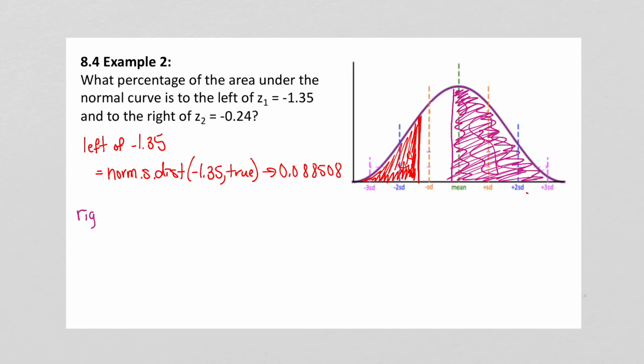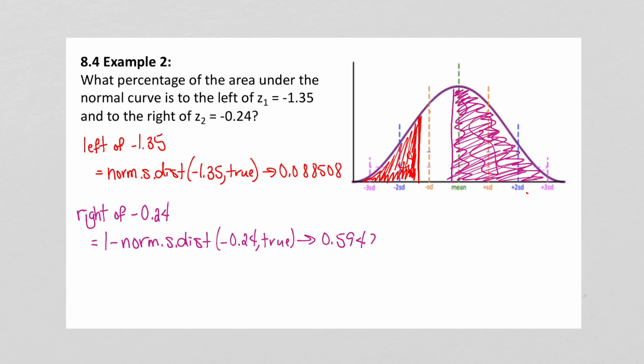Then we want the area to the right of negative 0.24. And remember, to the right we have to put equals 1 minus, and then our NORM.S.DIST negative 0.24, comma, true, and we get 0.594835. We want the percentage to the left and to the right, so we're going to add them.